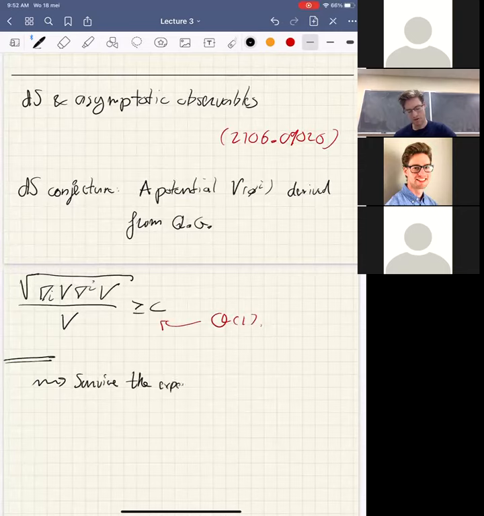In particular, we don't want the observer to be destroyed by a black hole at some point. There should be no bound on the entropy that this observer can harness. Because if you have a bound on the entropy, that means you have a finiteness on the precision with which you can measure observables.